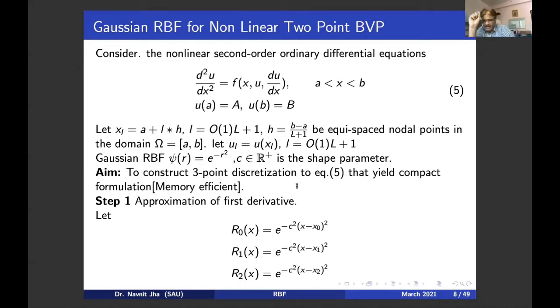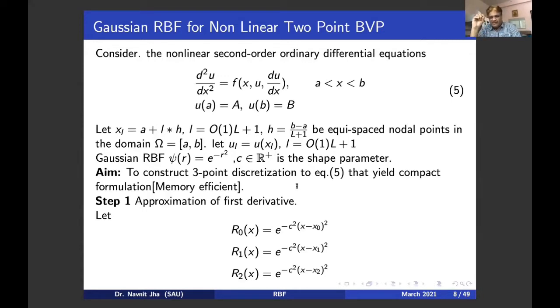But for the time being, just take a function r0. R is basically our psi, the radial basis function. r0 is e raised to the power minus c square (x minus x0) square. If you have any confusion about where this x0 is coming from, for the understanding point of view, just take x0 as 0. Similarly, I have defined r1(x), where the point x1 is appearing. Just take x1 as half.